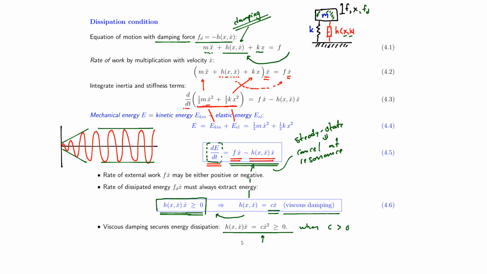So not only is our viscous damping device mathematically convenient because we can get analytical solutions for most of our problems, but actually it also directly and very easily satisfies the dissipation condition.